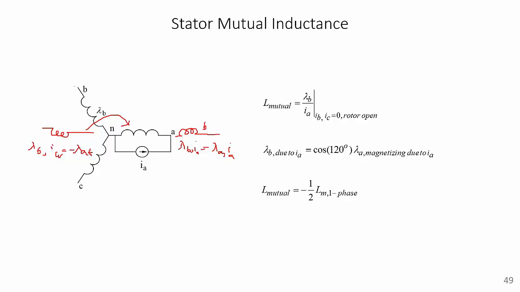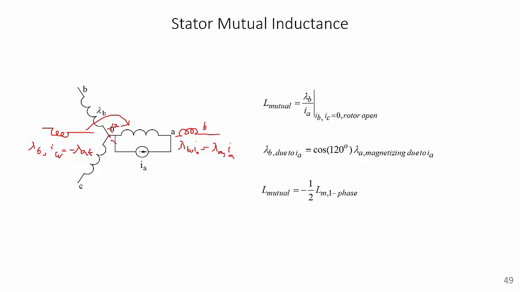So in the case of a three-phase system where the B phase winding is at an angle of 120 degrees apart from the A phase winding, the flux linkage component due to the current in the A phase winding into the B phase winding would be equal to cos of 120 degrees times the flux linkage in the A phase winding due to the current in the A phase winding.